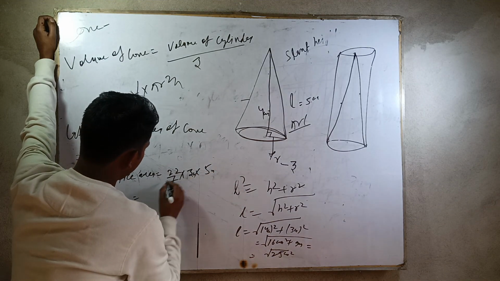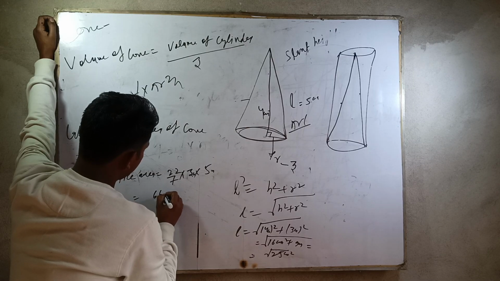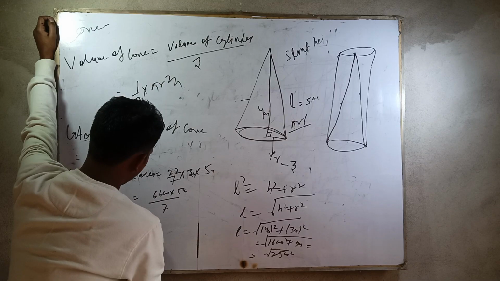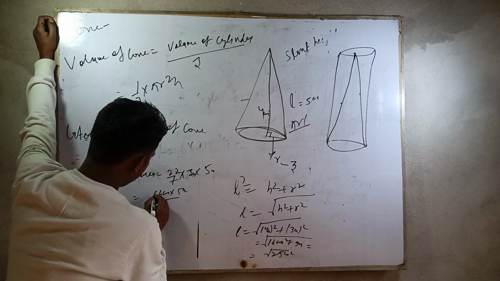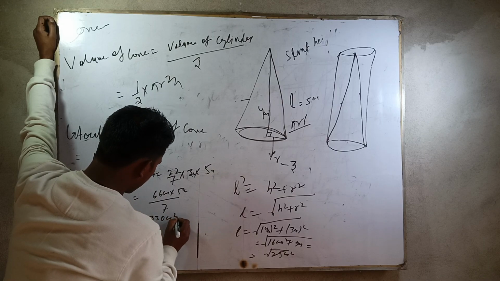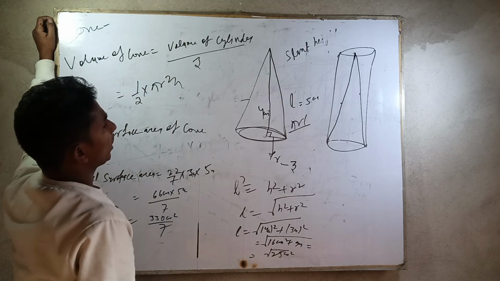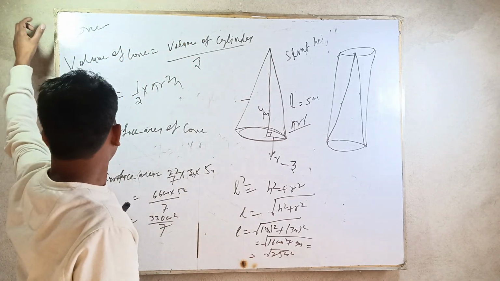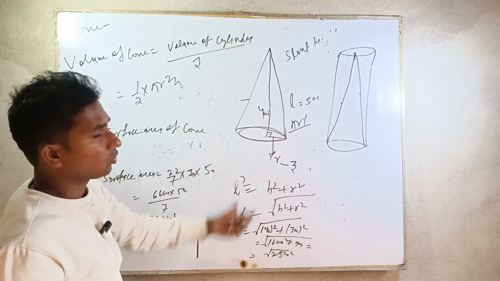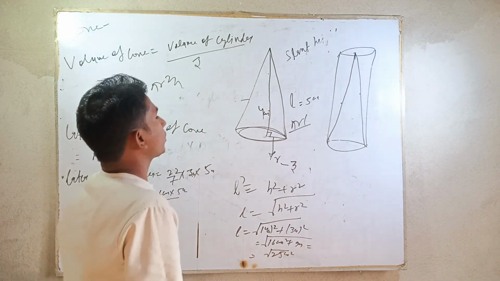Its value will be 66 centimeters cross 5 centimeters by 7, which is 330 square centimeters by 7. That is the lateral surface area of the cone.